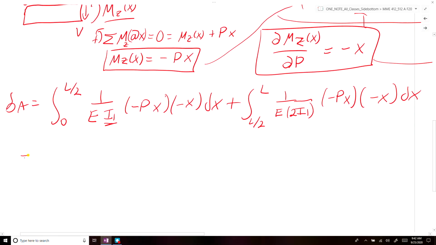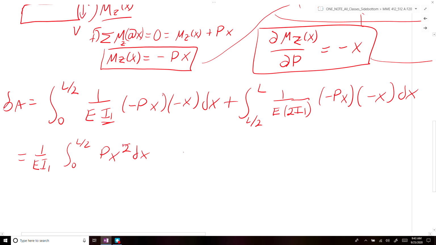So the first integral, we'll just get 1 over EI1. This will be the integral from 0 to L over 2 of P x squared dx, and then our second integral is going to be equal to 1 over 2 EI1 times the integral from L over 2 to L of P x squared again dx.